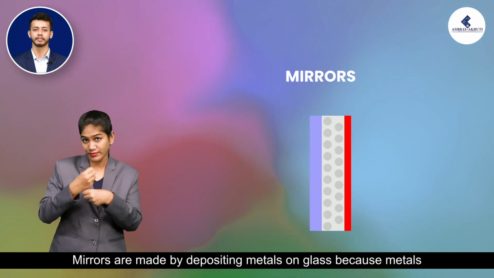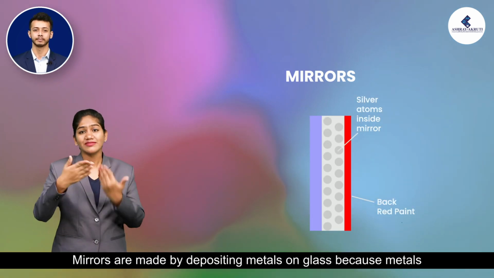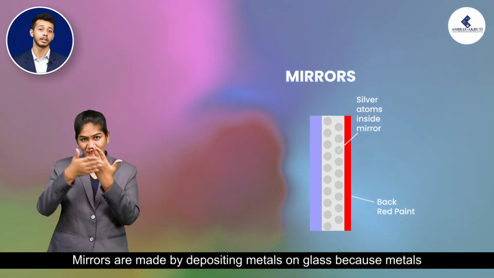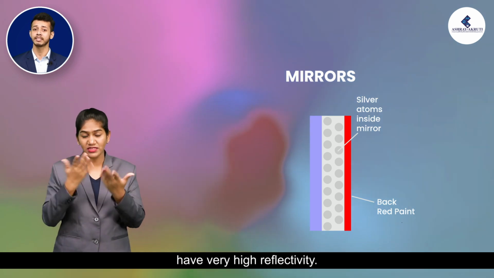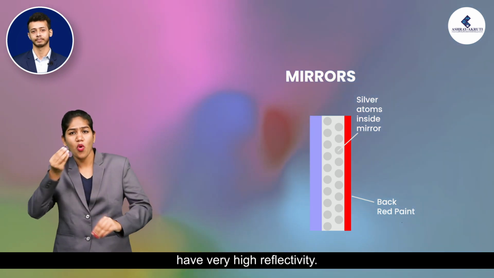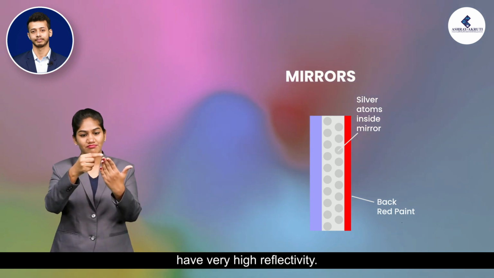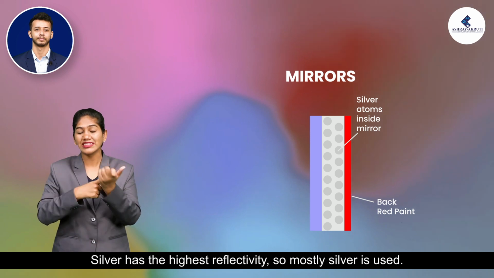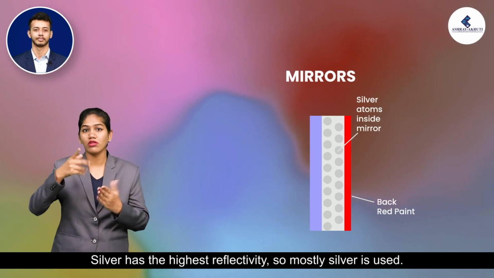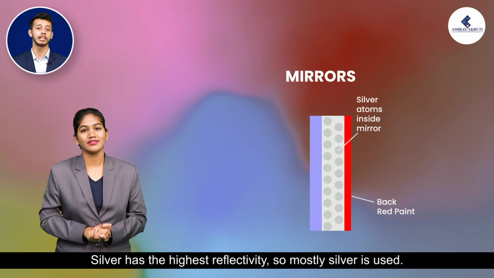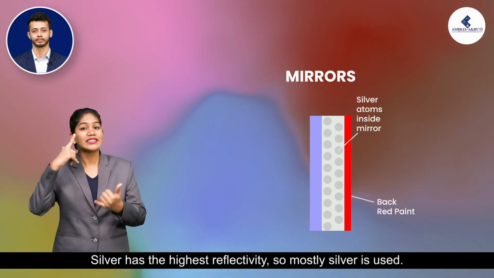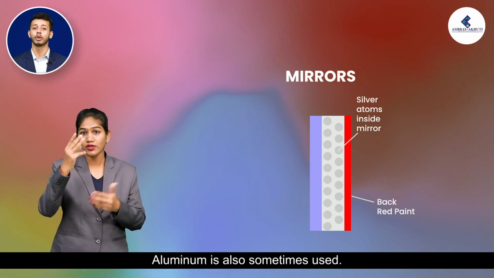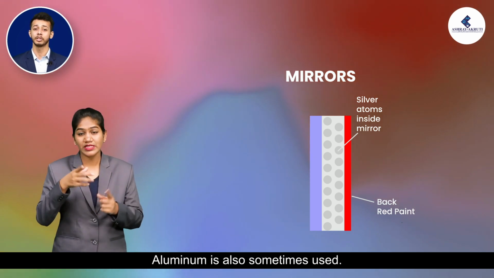Mirrors are made by depositing metals on glass because metals have very high reflectivity. Silver has the highest reflectivity, so mostly silver is used. Aluminium is also sometimes used.